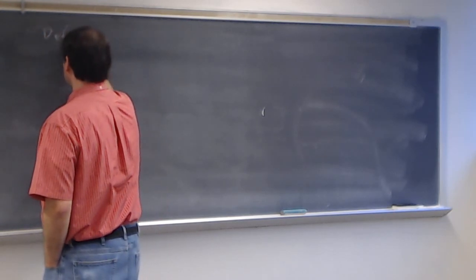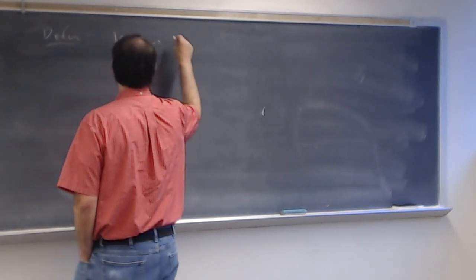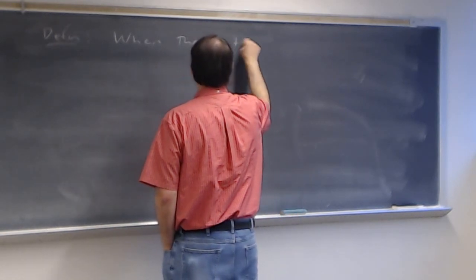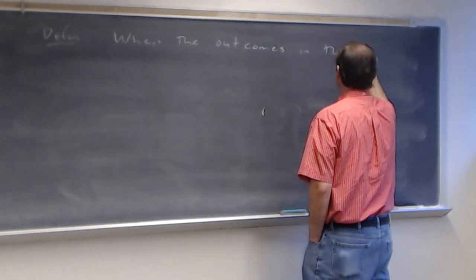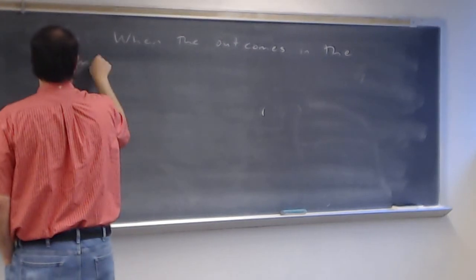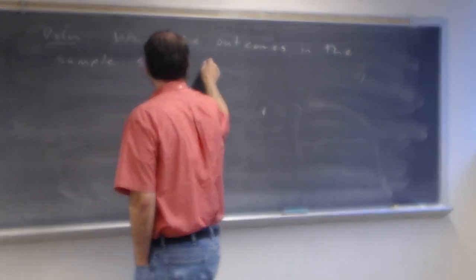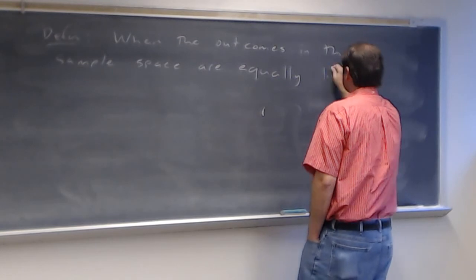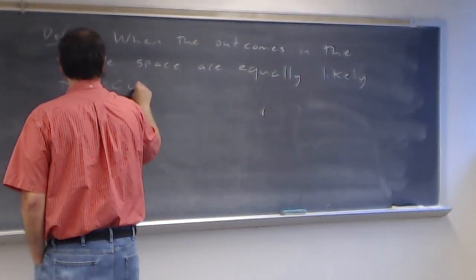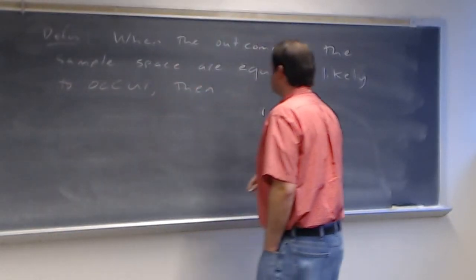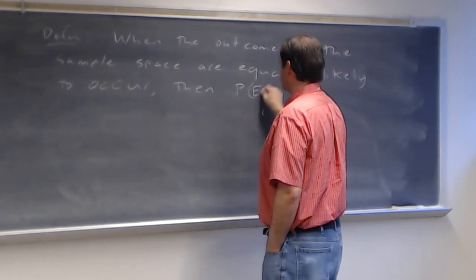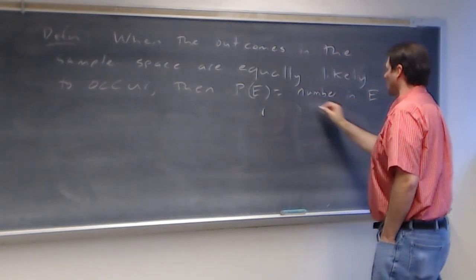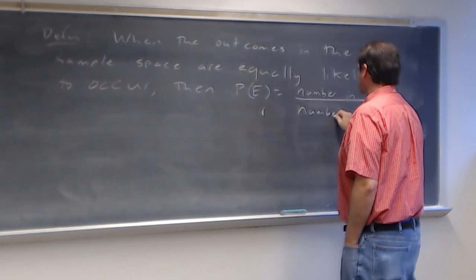So, as a definition, when the outcomes in the sample space are equally likely to occur, then the probability of an event is equal to the number of ways, so the number in the event, over the number in the sample space.